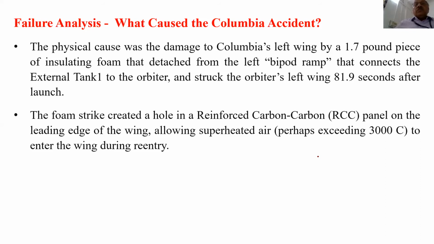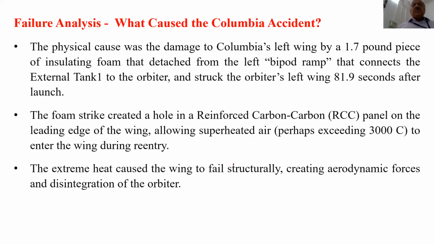That allowed superheated air at a temperature of something like 3000 degrees centigrade to enter the wing while the shuttle was coming back and entering the Earth's atmosphere. The extreme heat caused the wing to fail structurally, created an aerodynamic force, and led to the disintegration of the space shuttle.